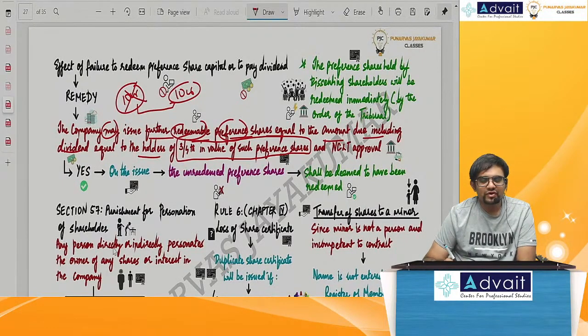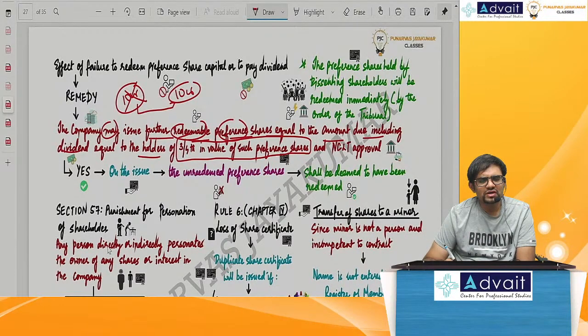So, if I have not redeemed, for example, 10 crore worth of preference share capital, I can now make a further redeemable preference share issue of the same 10 crore, but whose approval is to be taken? 3/4. Sir, what about the 1/4 who have dissented?